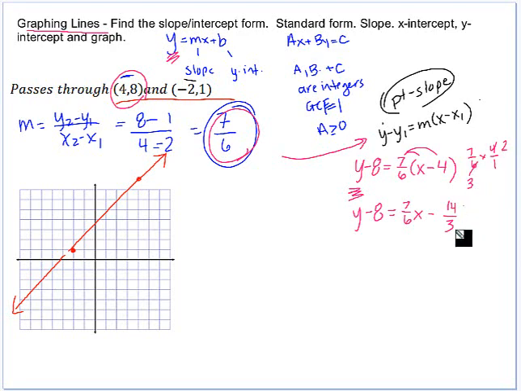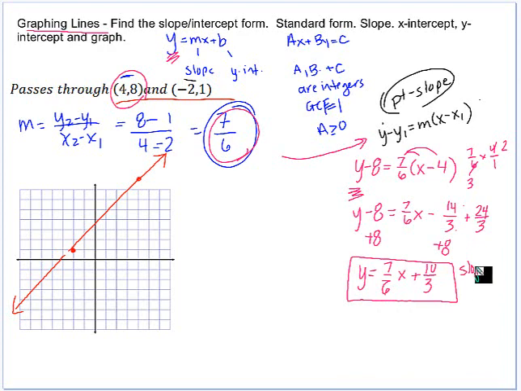And the only thing we have left to do to get the y alone is to add the 8. So that gives us y equals 7/6 x. And then we have to take negative 14 thirds plus 8. Well, if we want to write 8 in thirds, it would be plus 24 thirds. So this would then be a plus 10 thirds. So that would be our slope-intercept form.